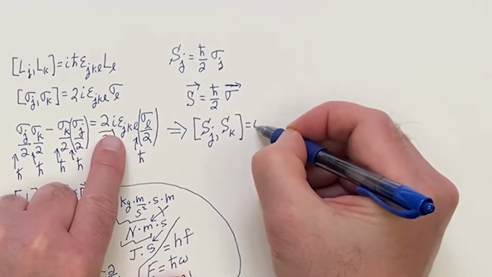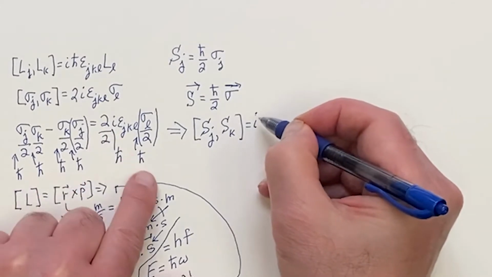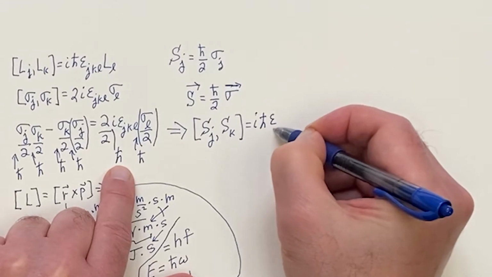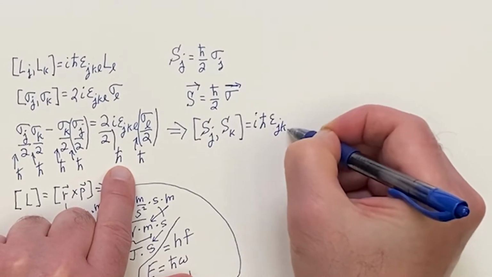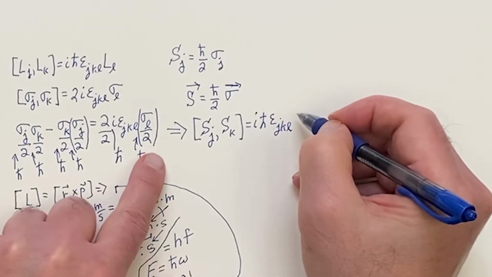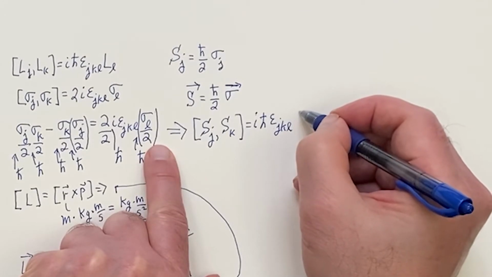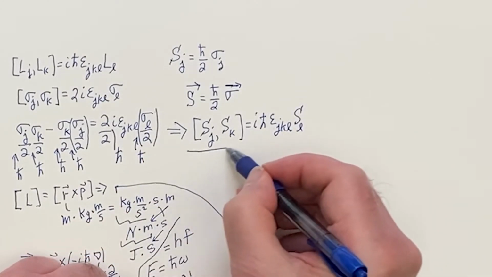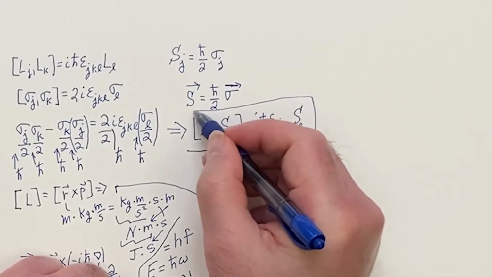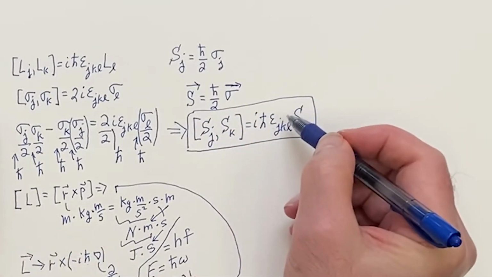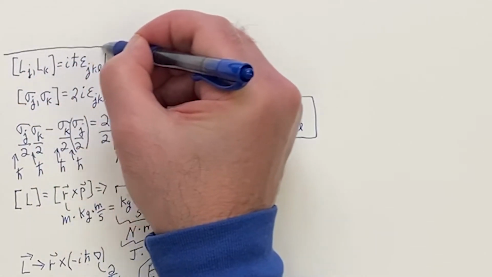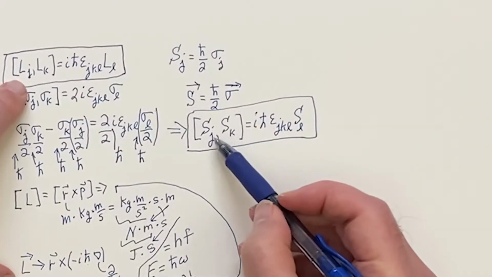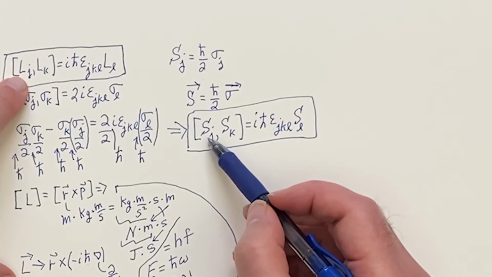See there, you got the i, and this h bar will be in there. Then you'll have the permutation coefficient, and then here you'll have the S_l. And now this equation here, this commutator, looks precisely like the one up here, where you've just taken the symbol L and replaced it with S.